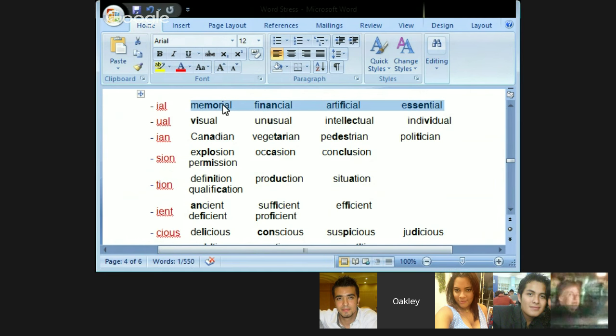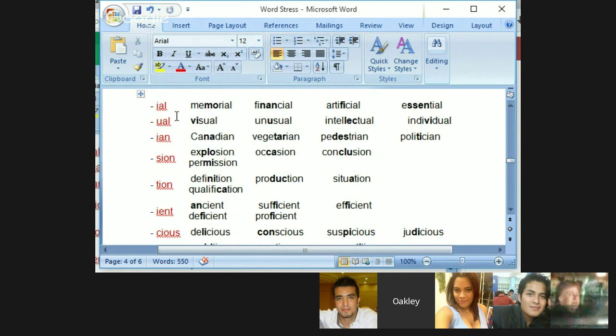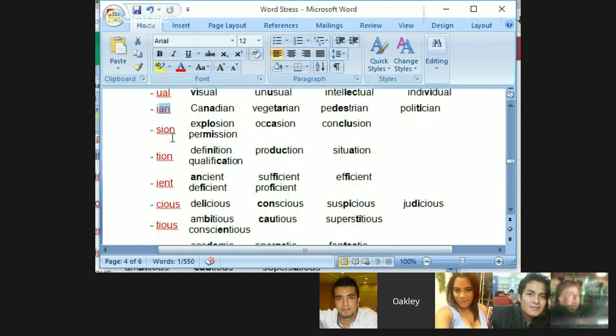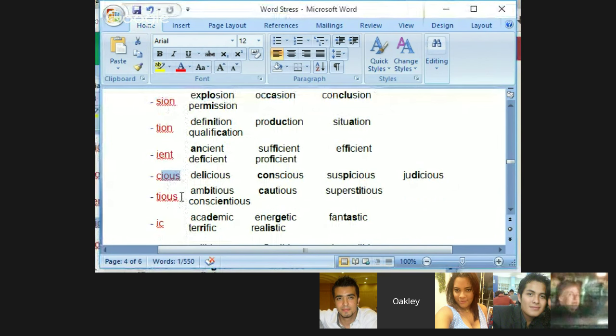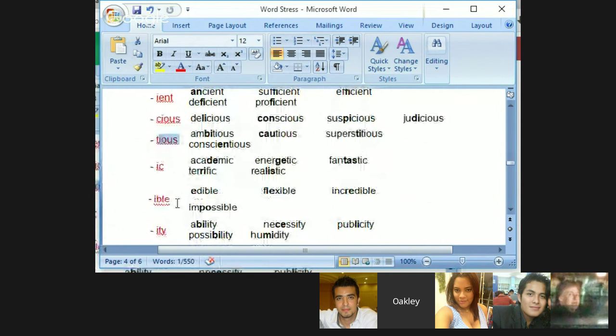But in a way, if we zoom down and look at them, they do have kind of commonalities. Looking down the column of red color suffixes: eo, yul, yin, shun, shun. By the way, these are both shun. Shun, shun, yent, shus, shus. These two sound exactly the same. Shus, shus. Ik, ibble, itty, iffy.